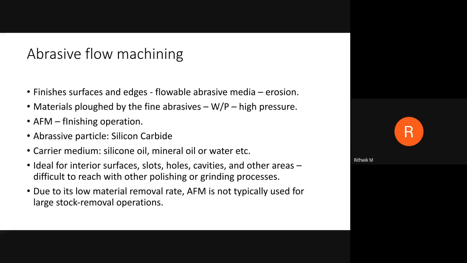The term flow refers to a flow of abrasive materials with some carrier medium, and during this flow there is erosion. What the types of flow in abrasive flow machining are, that we will see.